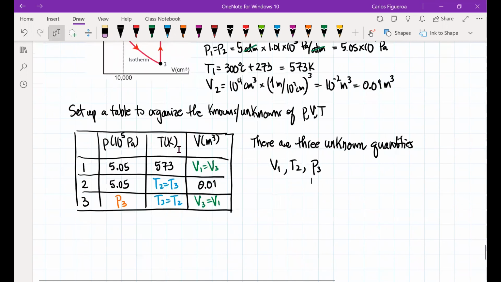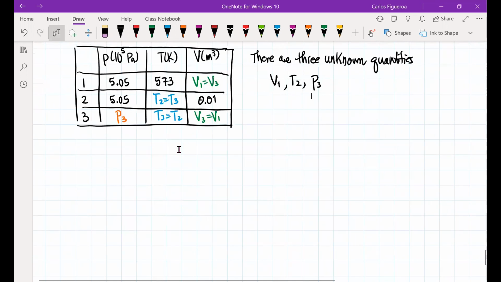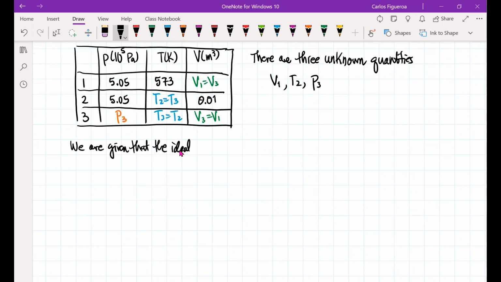So the first thing I'm going to do is calculate the number of moles. We are given that the ideal gas is 100 grams of helium, so now we can calculate the mole number.